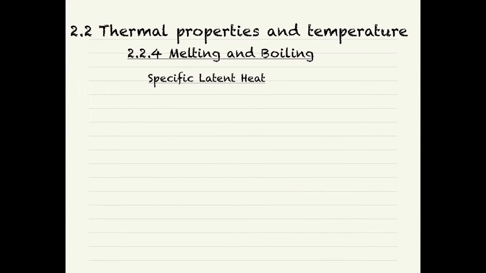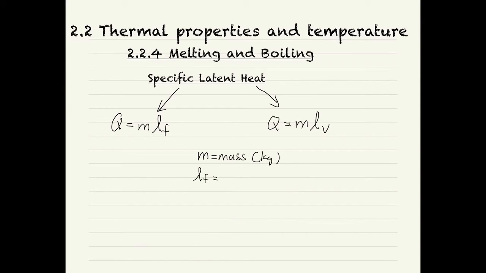There are two formulas related to specific latent heat. One of them is Q equals mLf. Another one is Q equals mLv. m is mass, kg. Lf is specific latent heat of fusion. Unit is Joule per kg.